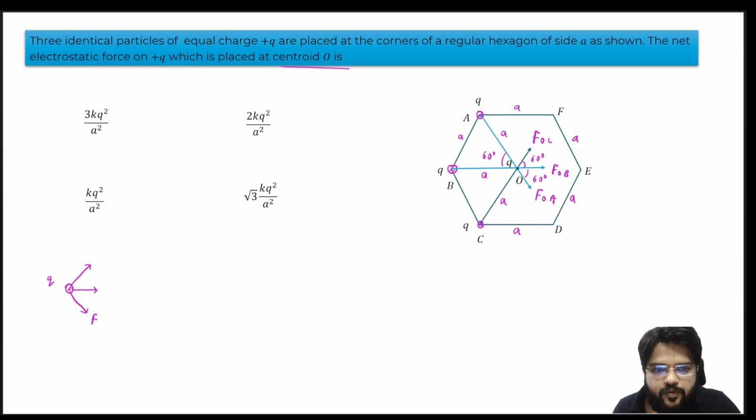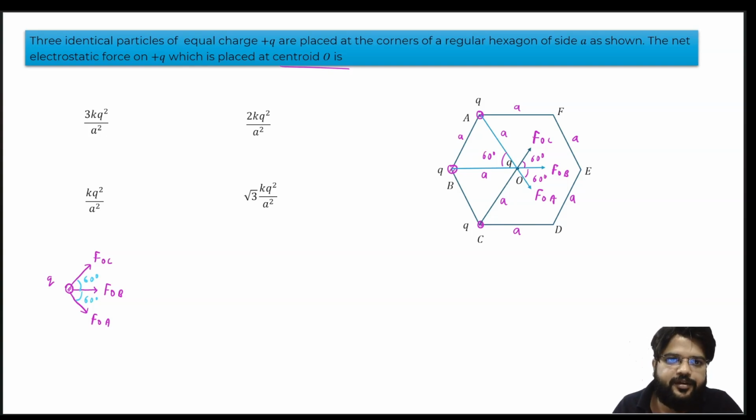So FOA, FOB, FOC. This angle is 60° and this angle is 60°. Correct? Both angles are 60 degrees here.